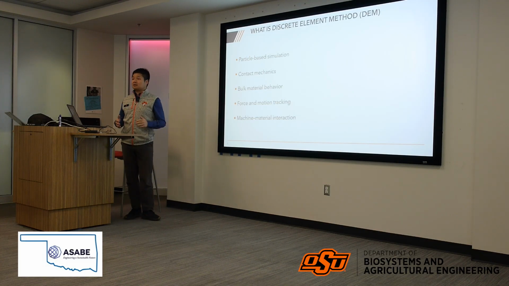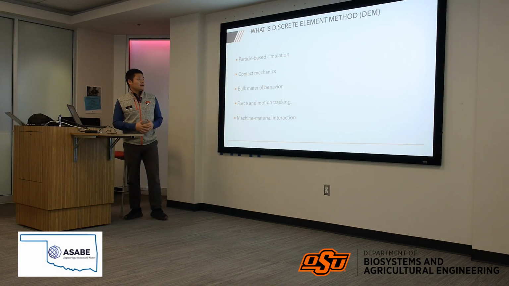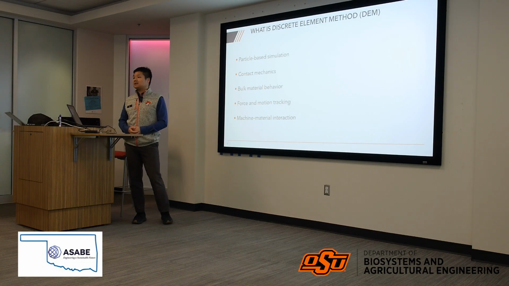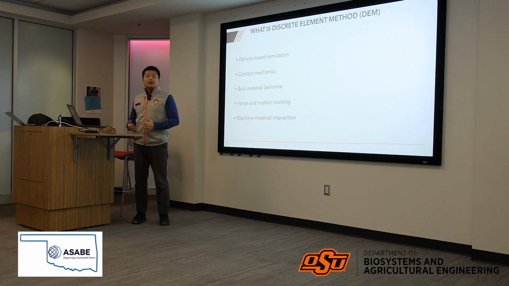Everything you talk about in DEM is a particle or a combination of particles. It's been heavily used to simulate the interaction between machinery and material. And in the field of agricultural engineering, we're looking at ag machinery and biomaterials.